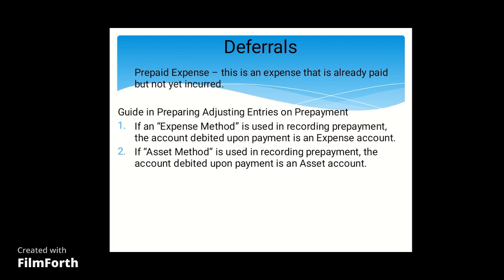Two, if the asset method is used in recording prepayment, the account debited upon payment is an asset account. In your adjusting entry, go for the opposite. Thus, credit the asset account and debit the expense account with an amount equivalent to the correct expired or expense portion of the prepayment.